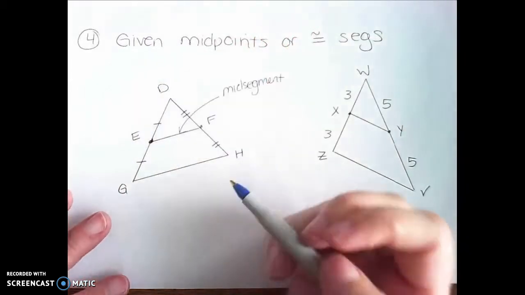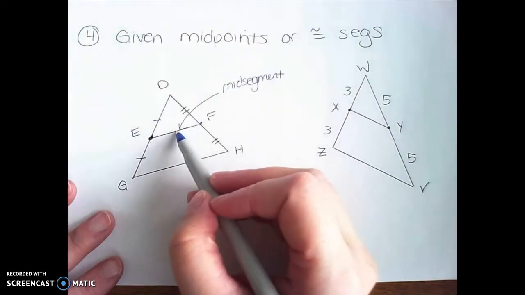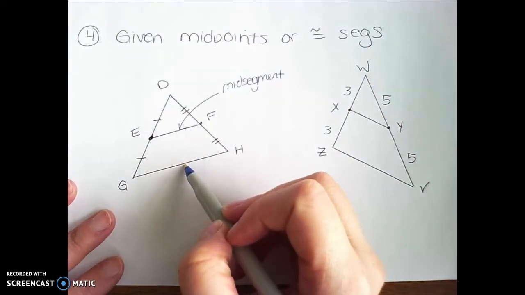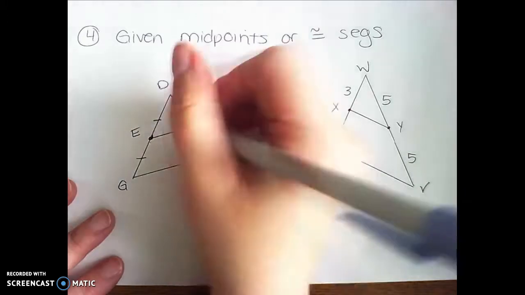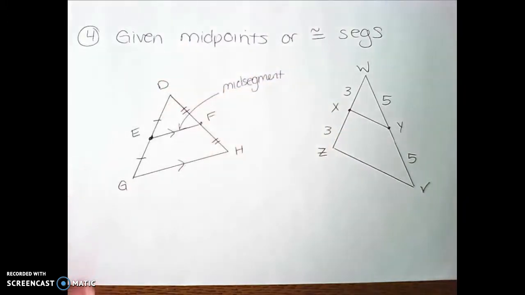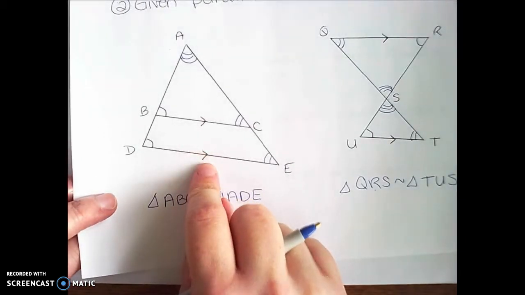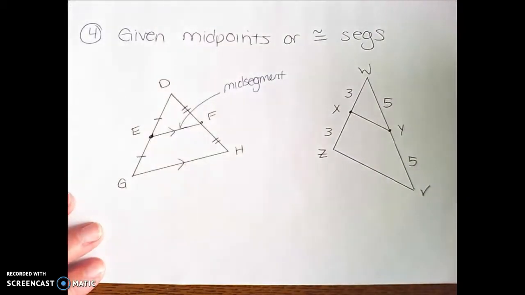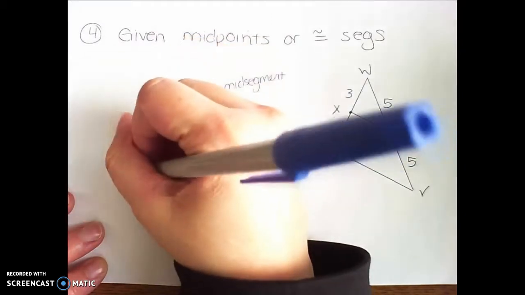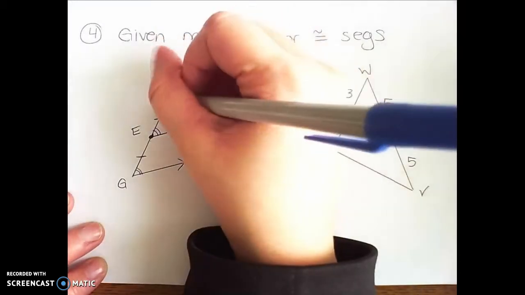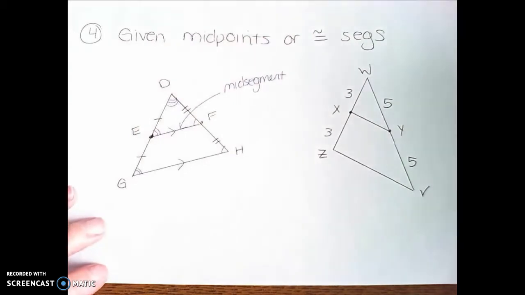One of the things that I know about the midsegment is that it's parallel to this third side of the triangle. And if they're parallel, I'm back to my example over here where I was given parallel lines. I have congruent corresponding angles, and angle D is congruent to itself by the reflexive property.